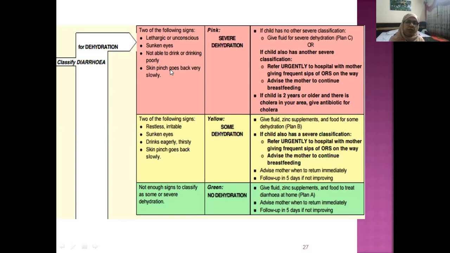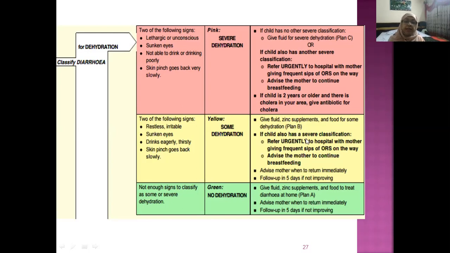So for some dehydration, you have to treat the child as per plan B. You have to give other fluids like dab water, green coconut water, chicken soup, zinc supplementation, and management as per plan B by oral rehydration solution.